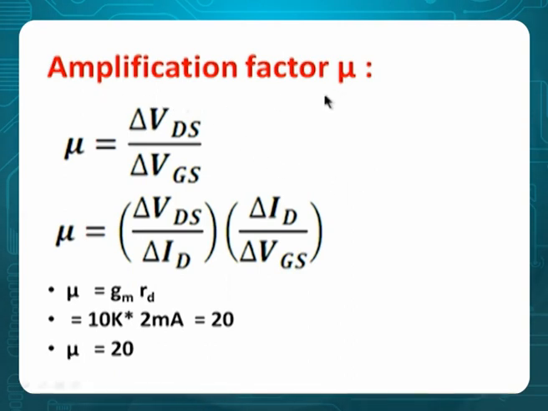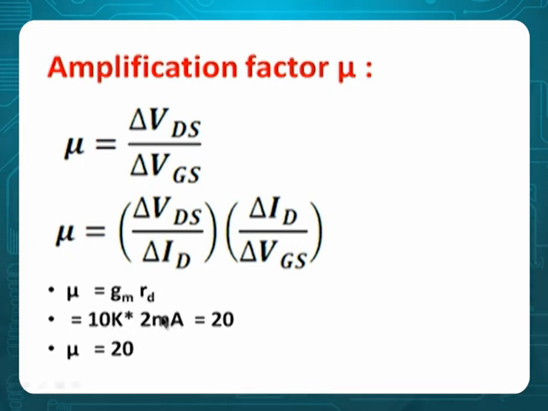Then amplification factor. Amplification factor is change in VDS by change in VGS. That means output voltage by input voltage, output by current, current by this. This is called RD, this is called GM. The total is mu equal to GM into RD.